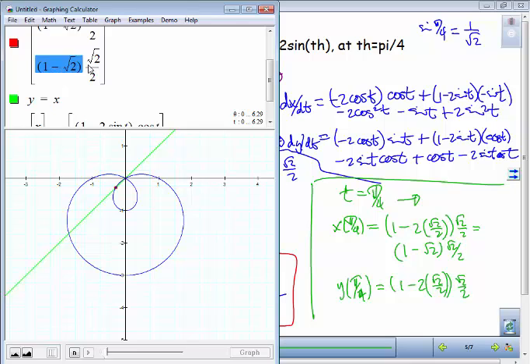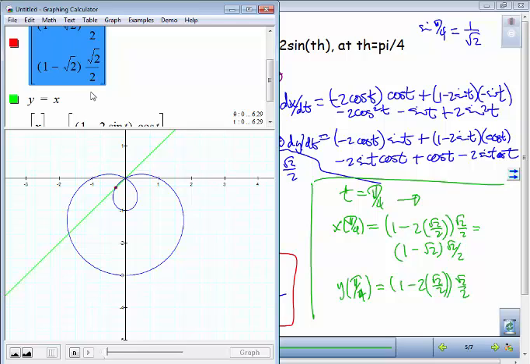If you, by the way, try to put this in your calculator, you should get a negative number, because it looks like theta is equal to pi over 4 is on the first quadrant, but this r value is bringing us back down on the negative side. And there's 2 of them, so there we go. And it looks like it's good so far.